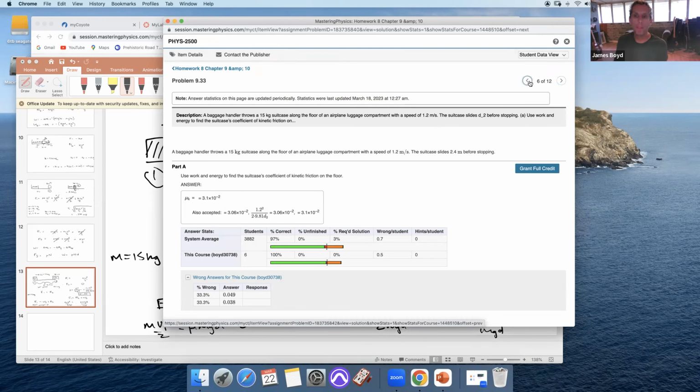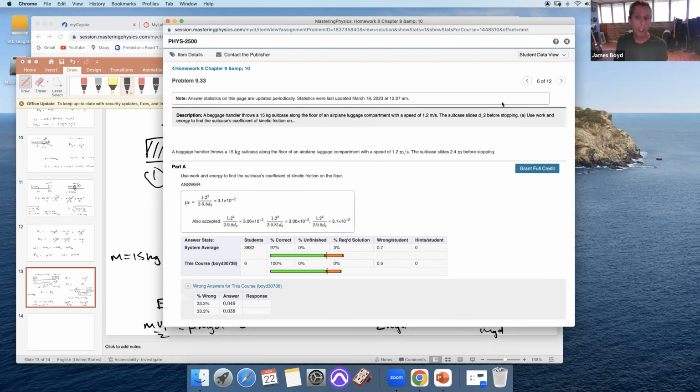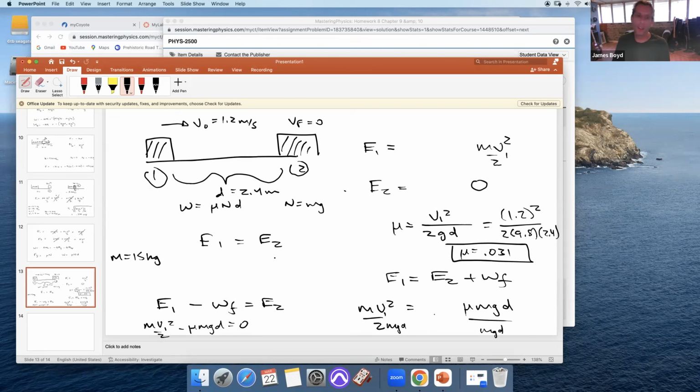I believe that was all we had to do on that one. So just understand that the work of friction always pulls energy out. Another way to see this is that the initial kinetic energy was completely used up by friction in order for it to stop.